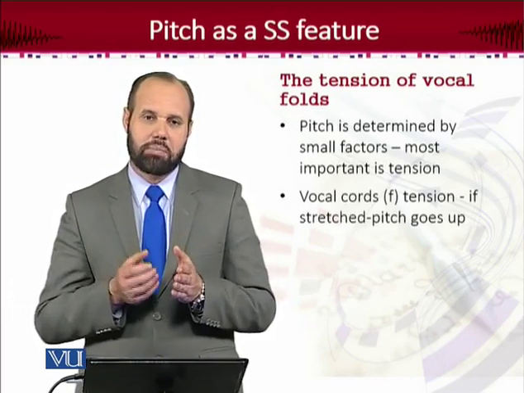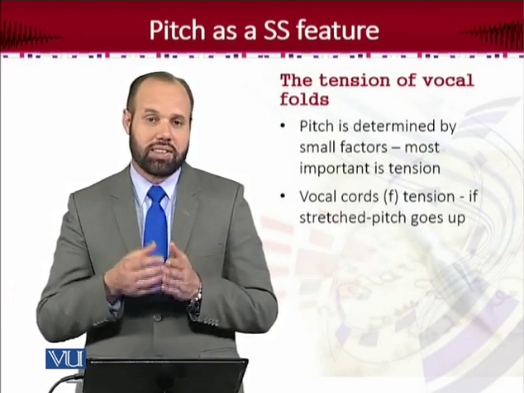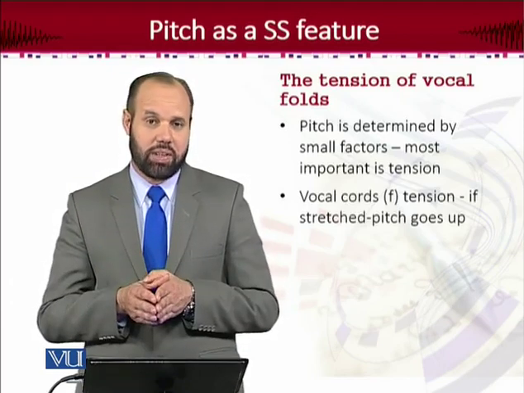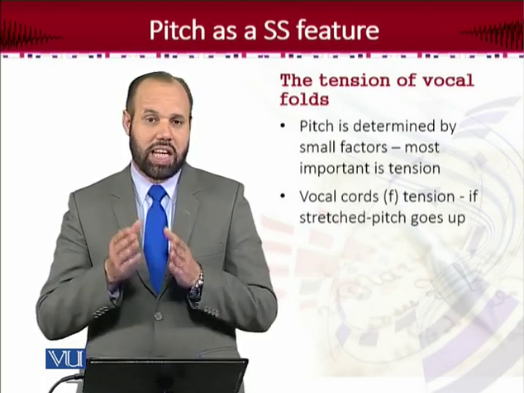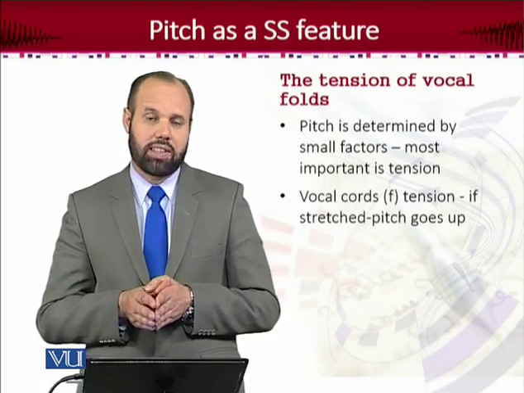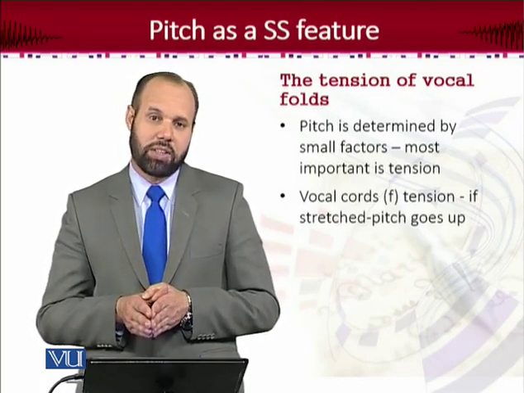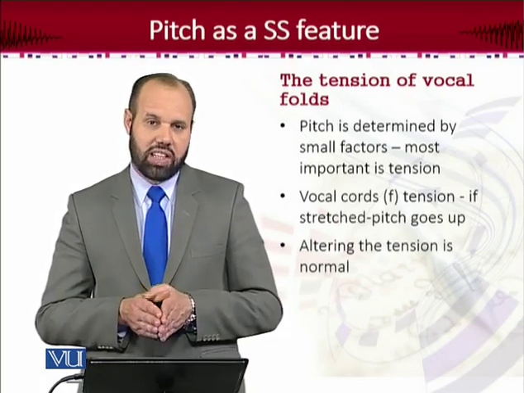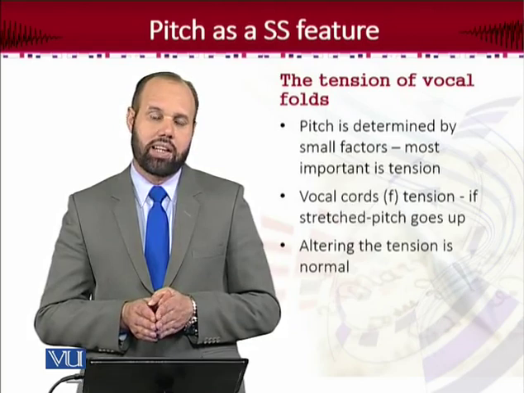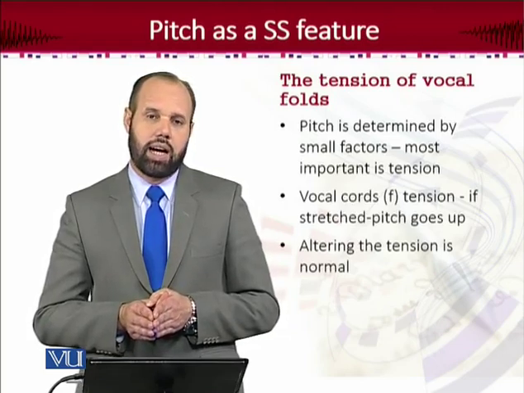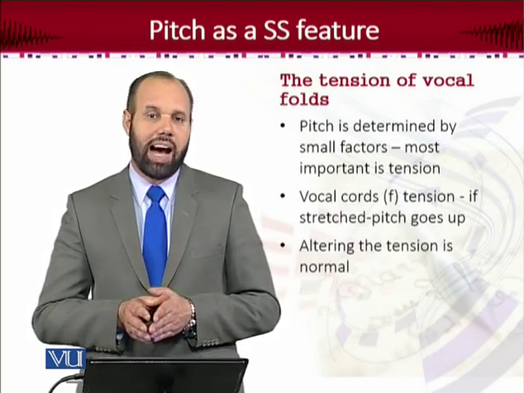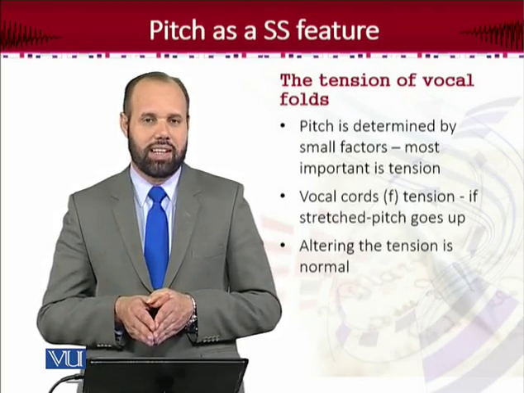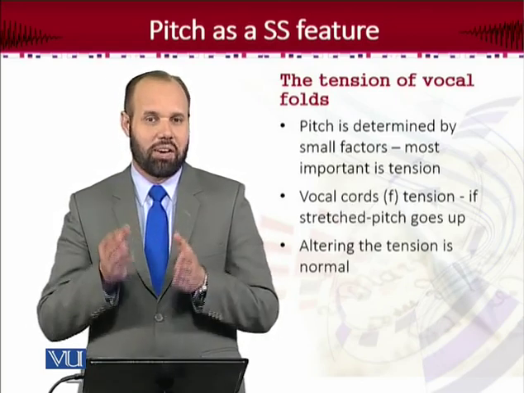Others are the energy, the air which is going through, and also the vibration, right? So the tension of the vocal folds is the most important feature of pitch. Altering pitch, altering tension, is very normal in human speech, right? Because that altering of the pitch is the beauty of human speech.